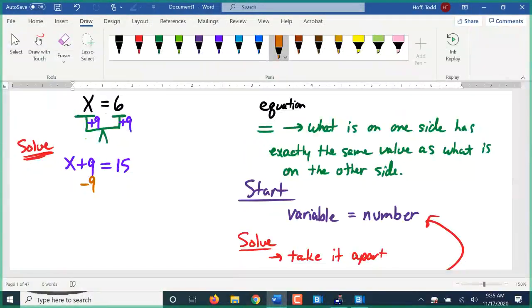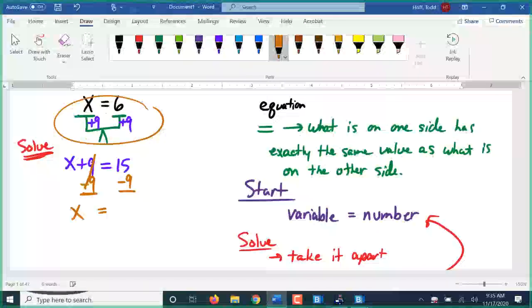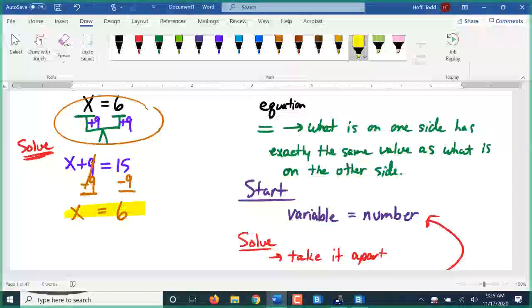Subtracting 9 removes the 9 on the left side there. But remember this idea of the balanced scale, we had to do the exact same thing to both sides. We subtracted 9 from the left side. We have to subtract 9 from the right side of the equation. 15 minus 9 is 6. And that gets us back to that form of a variable equals a number. That's back to where this equation started, x equals 6.